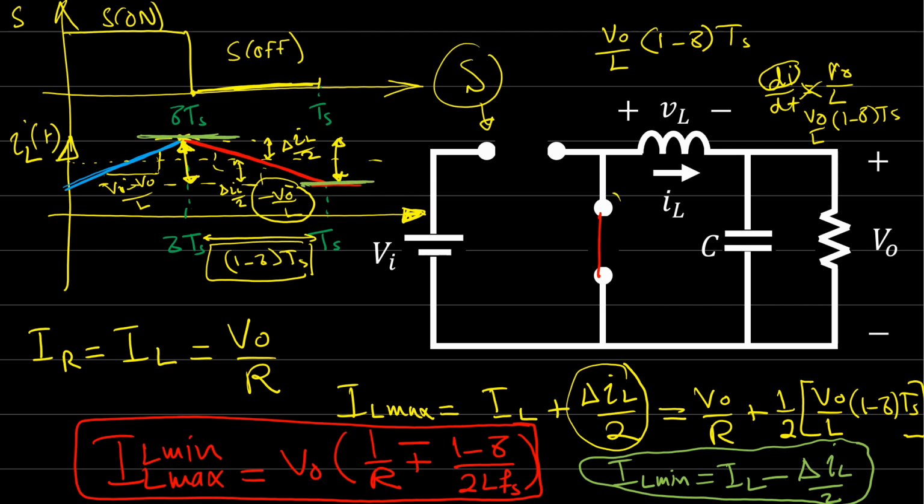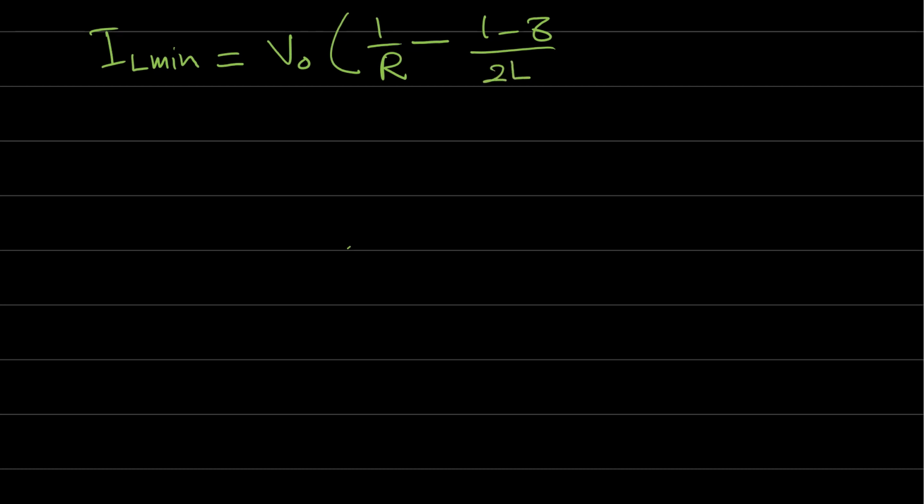Let's try to use these values in order to find the minimum value for the inductor that keeps the converter working in the continuous conduction mode. So we agreed that IL minimum is equal to V out times 1 over R minus 1 minus delta over 2L times the switching frequency, right?